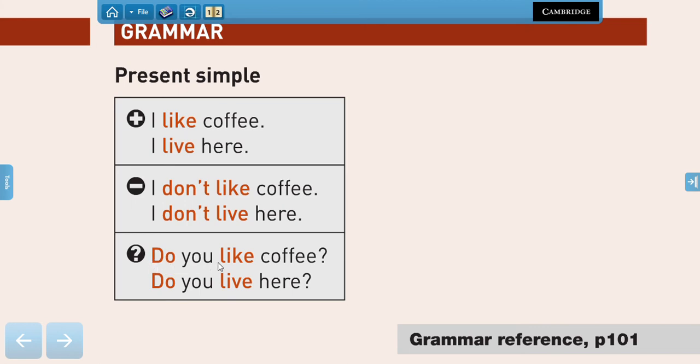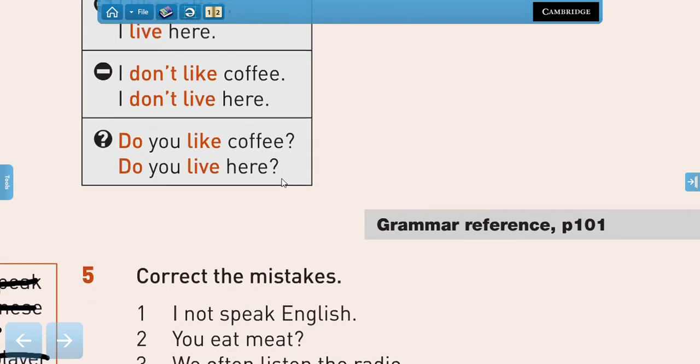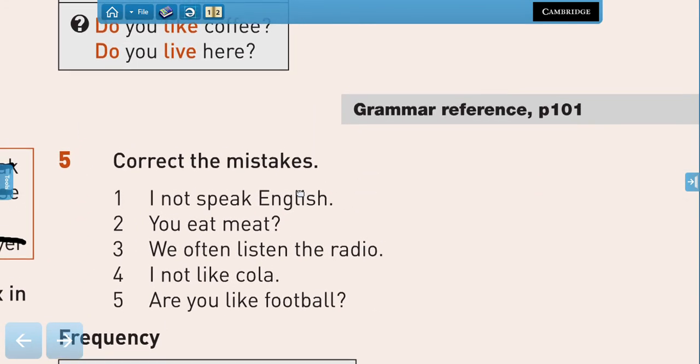And we change the order of the components. In negations, we use subject, auxiliary, and verb. And in questions, we use auxiliary, subject, and verb. Right? Do you like coffee? I don't like coffee. I like coffee. Yes?